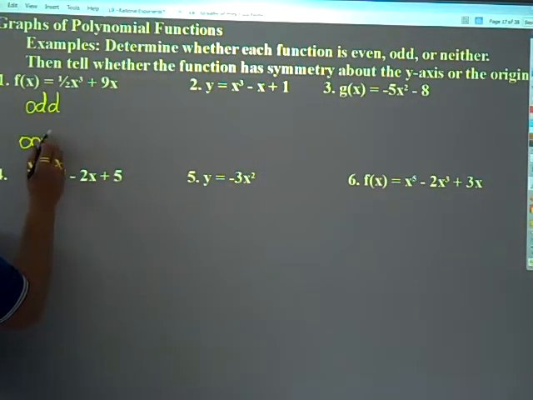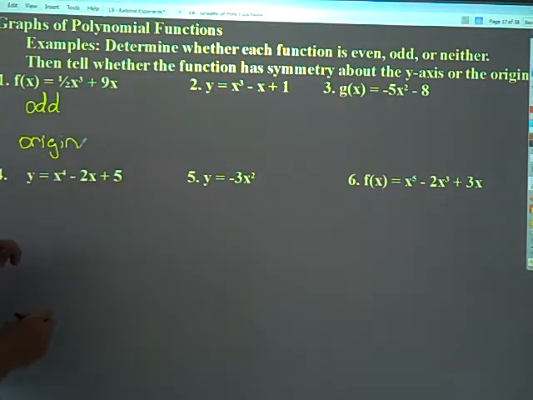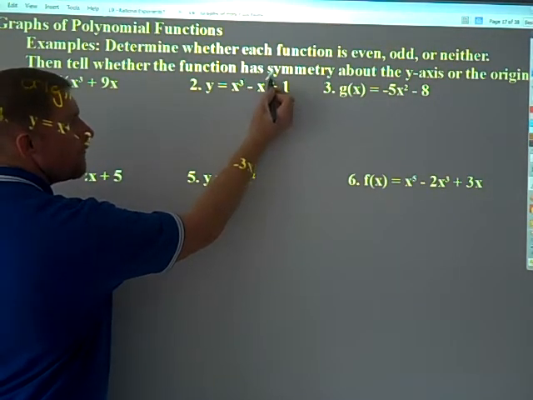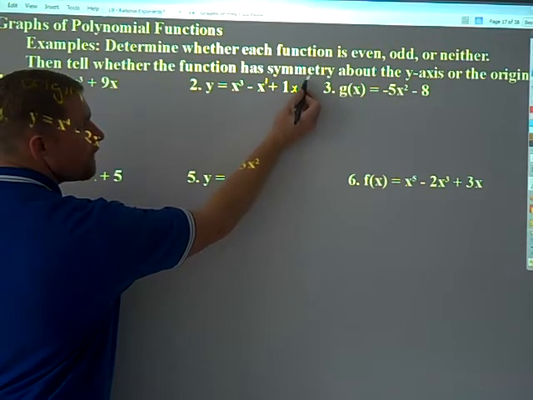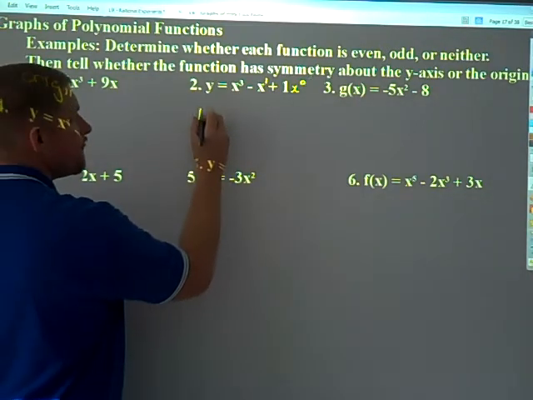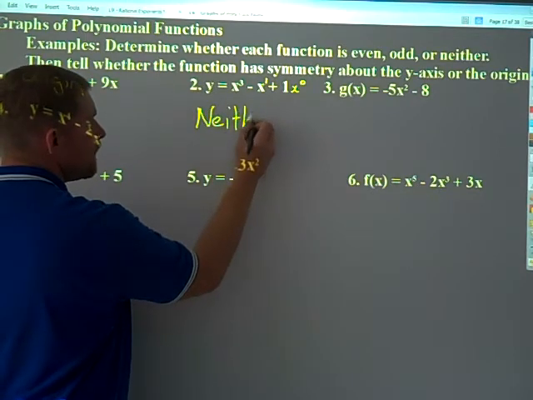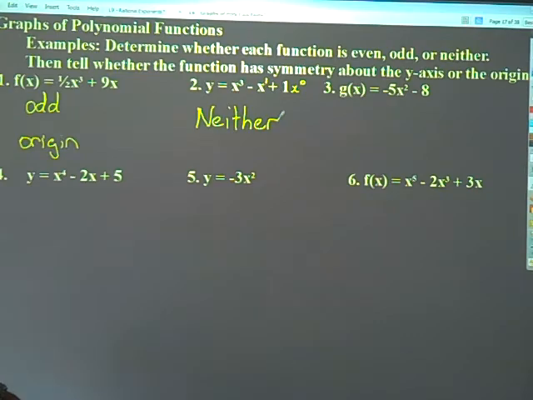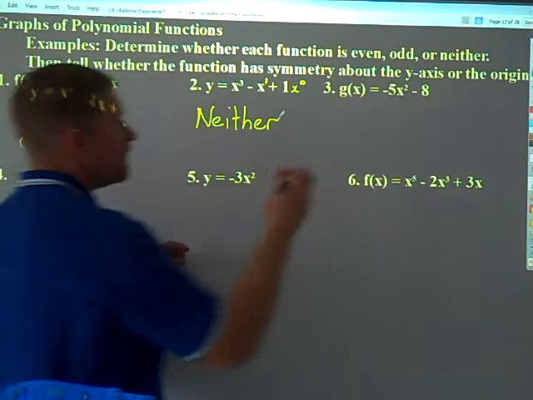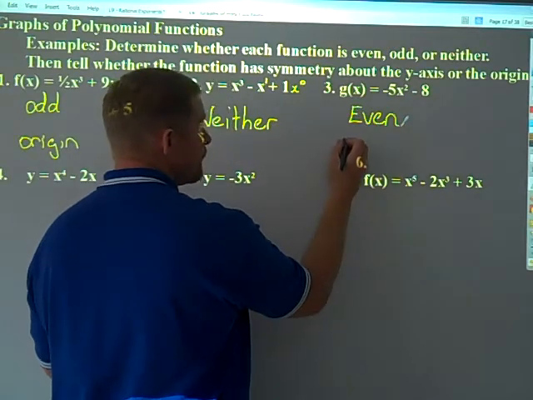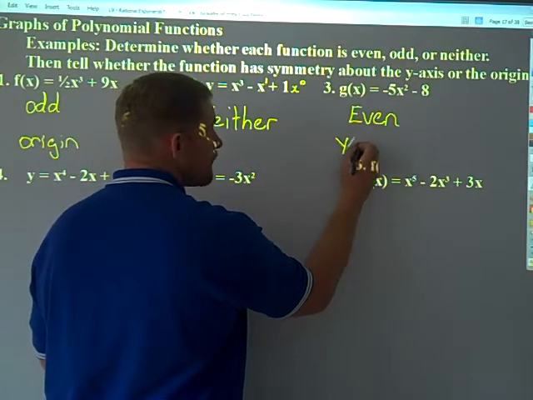You just write origin. Looking at number two, there's an odd exponent, but don't forget this is an x to the 0, so that's an even exponent. If it's even and odd, then it's neither. Looking at number three, you can see that we have an even function, and it is symmetric about the y-axis.